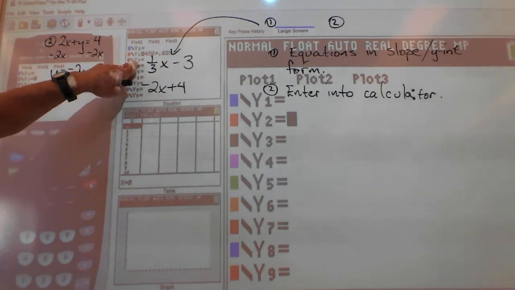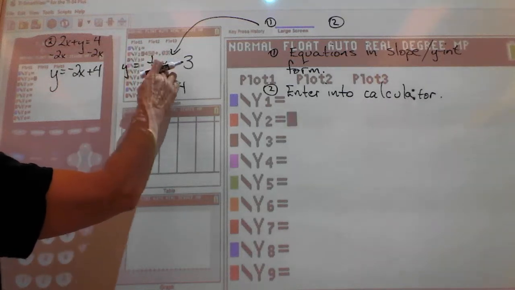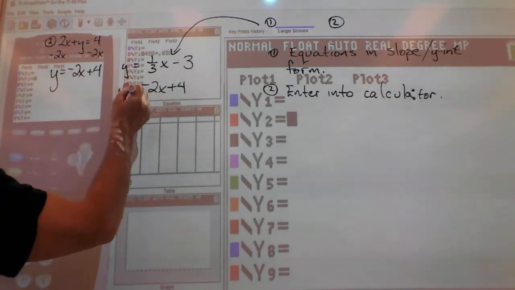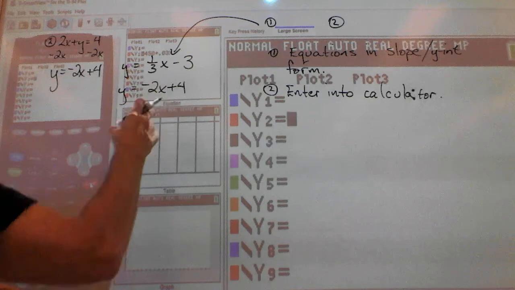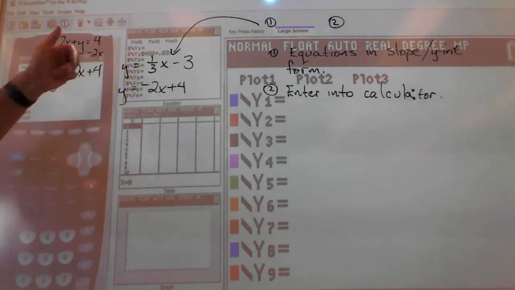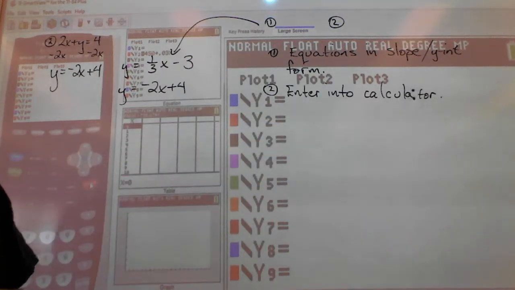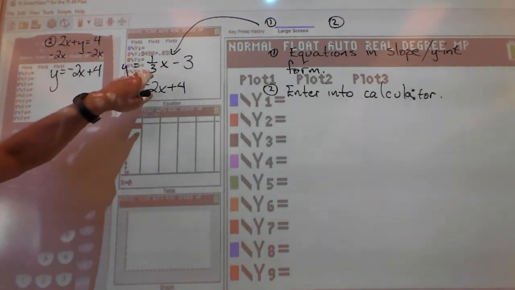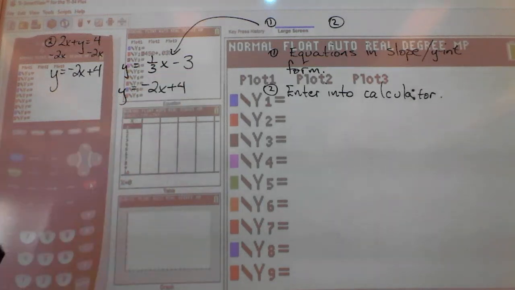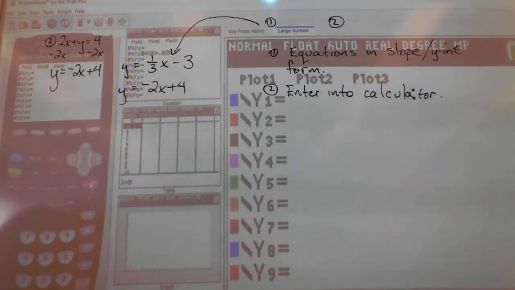Okay, so my first equation, remember, was y equals 1/3 x minus 3, and my second one was y equals minus 2x plus 4. Okay? So I'm going to enter this equation. They've already put the y equals part in, so you don't have to enter that. You have to enter the right side of the equation, and if you have a fraction, you have to enter it in brackets.